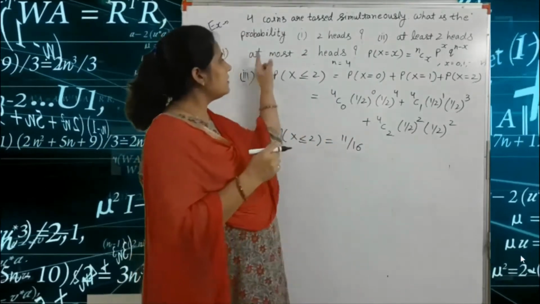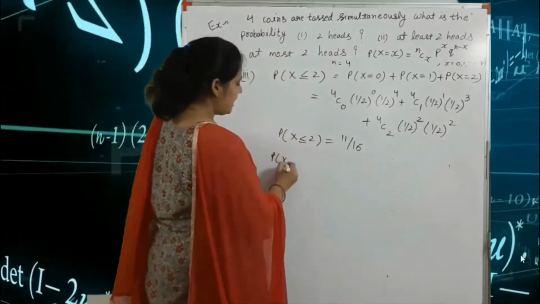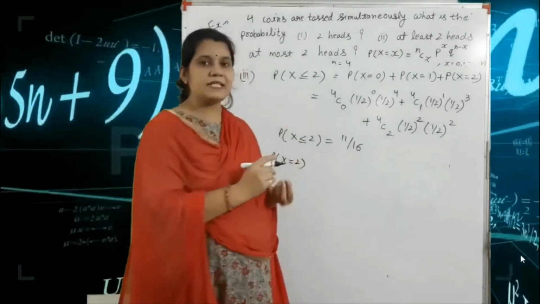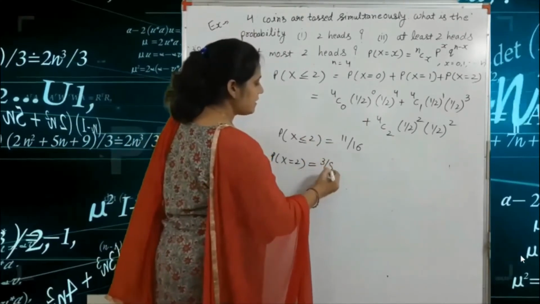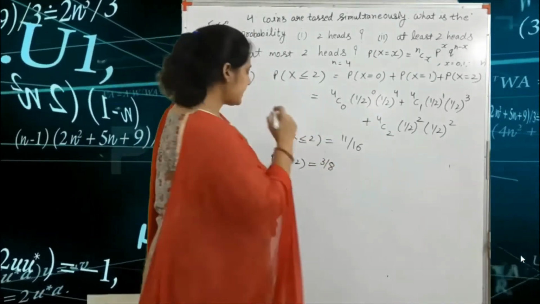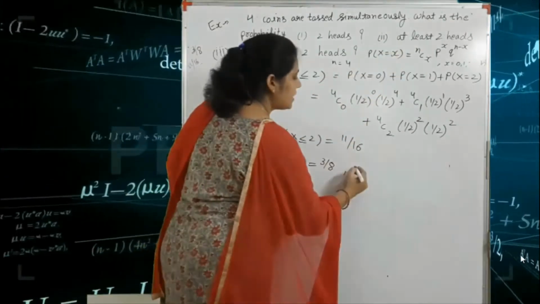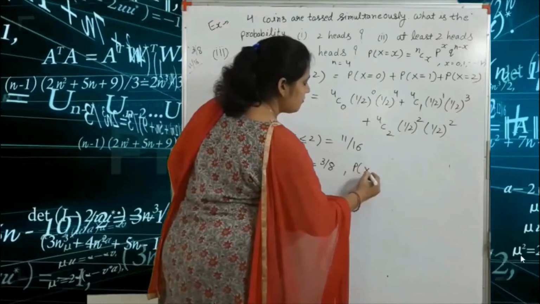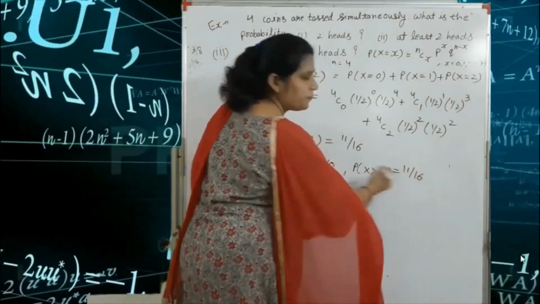Okay, so we found all these values. If the probability of x is equal to 2, that means exactly 2 heads, our answer is 3/8. Second is the probability of at least 2 heads. So our answer is P(x ≥ 2) equal to 11/16.